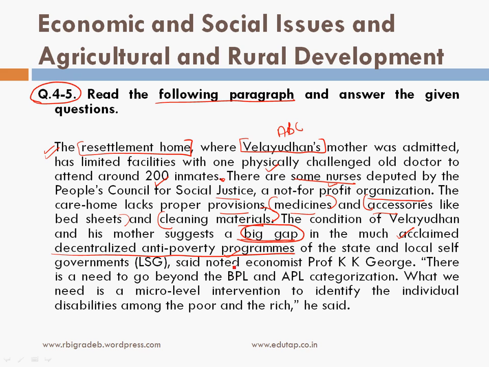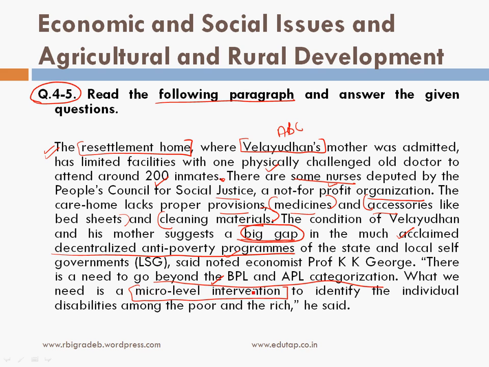This statement has been said by noted economist Professor K.K. George. There is a need to go beyond the BPL and APL categorization. What we need is a micro level intervention to identify the individual disabilities among the poor and the rich. Important statement. There is a need to go beyond the BPL and APL categorization, below poverty line, above poverty line. What we need is a micro level intervention.